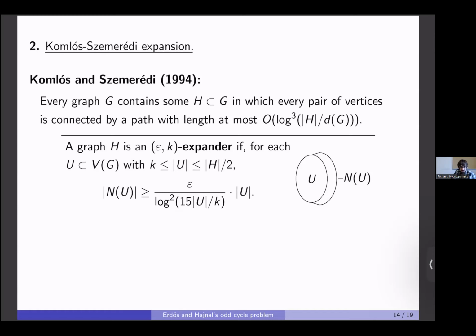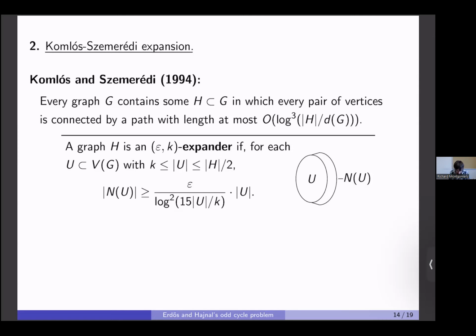The expansion coefficient here is epsilon divided by some log squared, 15 times the size of U divided by K. So whenever U is quite big, if it has the same number of vertices, maybe the size of H over 2, then this expansion is small, and the neighborhood is guaranteed to be some size, but smaller than the size of U. So we think of this as sublinear expansion because of that.